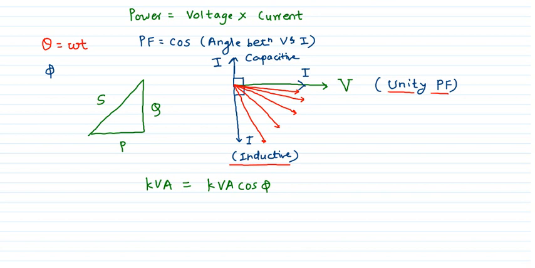This Q is nothing but kVA sin phi, and this will become your kVA as per Pythagoras theorem. So this cos phi component of kVA is nothing but your active power.